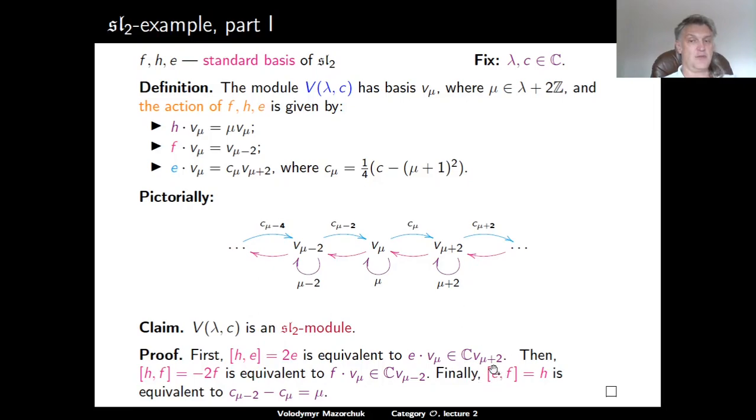And finally, the relation that the commutator of E and F is equal to H is equivalent to the relation that the difference between c mu minus 2 and c mu is equal to mu. So the commutator of E and F is a difference of this loop, and this should be equal to mu. And it is easy to compute that c mu are designed so that this relation holds. Therefore, V lambda c is indeed an SL2 module.